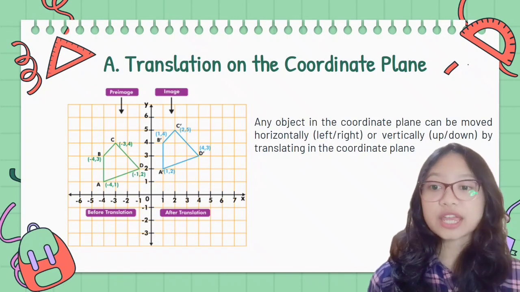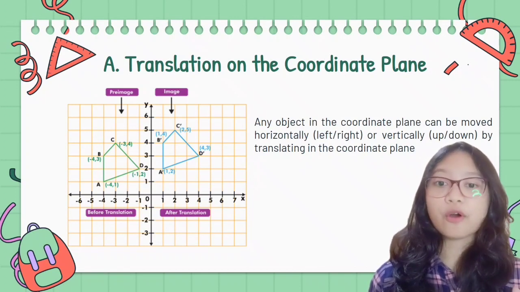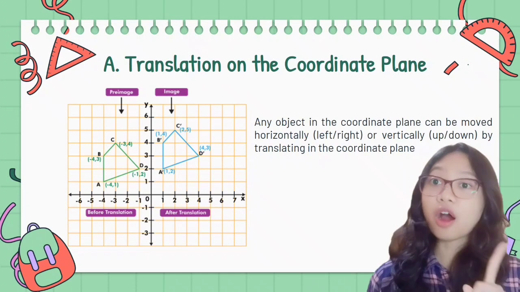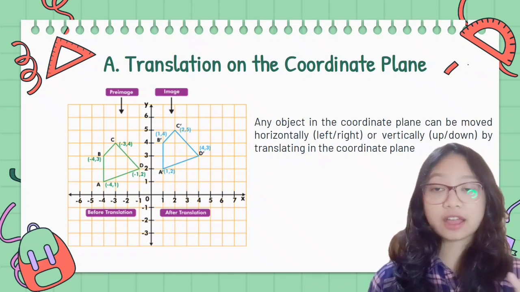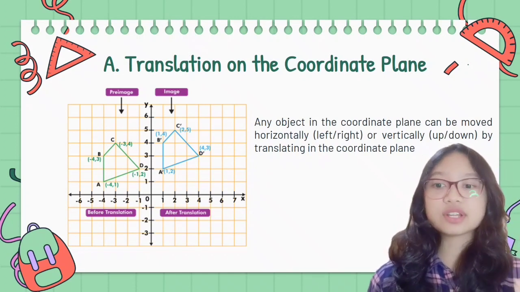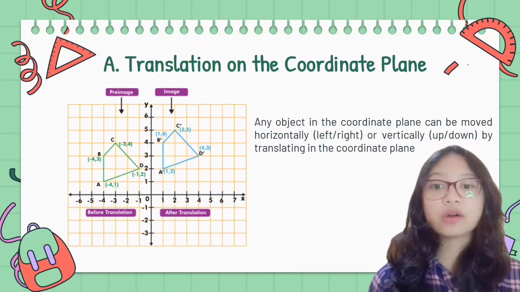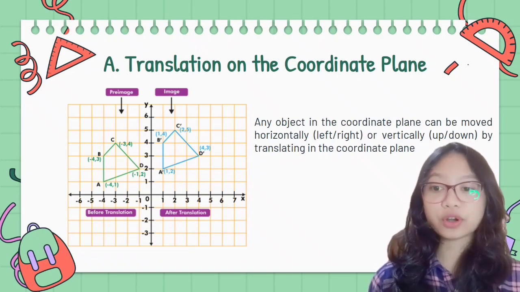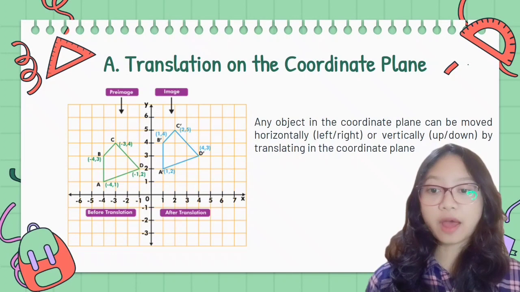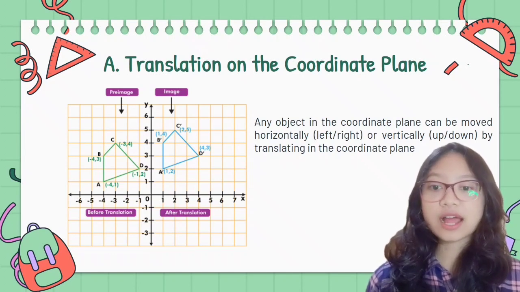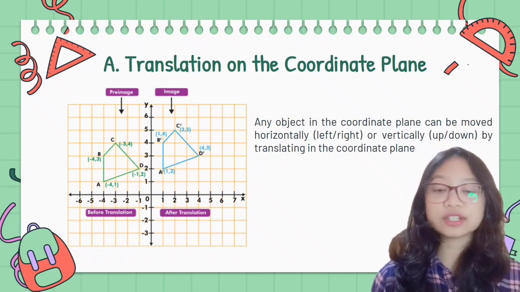Any object in the coordinate plane can be moved horizontally, left or right, or vertically, up or down, by translating in the coordinate plane. Okay, now let's look at an example to see how coordinate plane translation works. As shown in the graph, a quadrilateral has been represented in the coordinate plane.